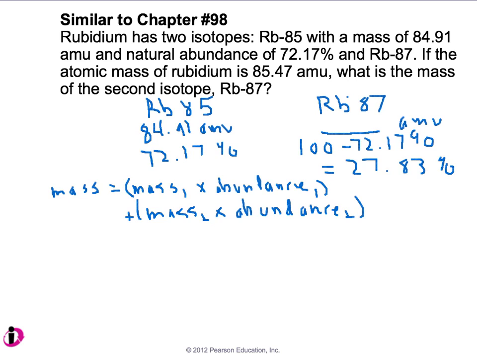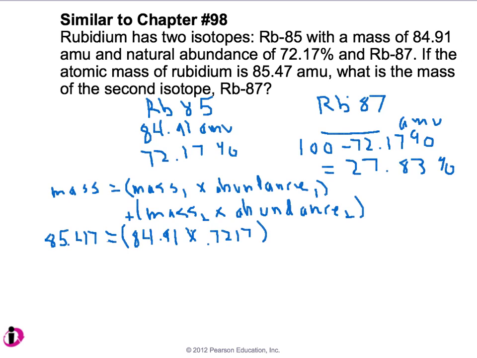This number is our average, so that's what's going to go on the left-hand side: 85.47. In the interest of space, I'm going to leave off the units, but you have all the space in the world on a piece of paper, so go ahead and write them out. AMU there. Now on the other side of the equation, we're going to put the mass of the first isotope, rubidium-85, so it weighs 84.91 times its abundance, which is 0.7217.